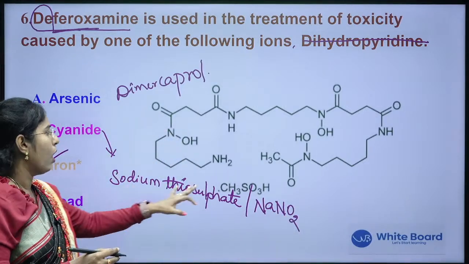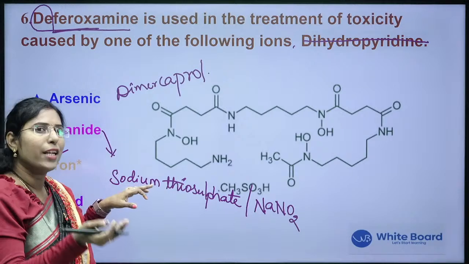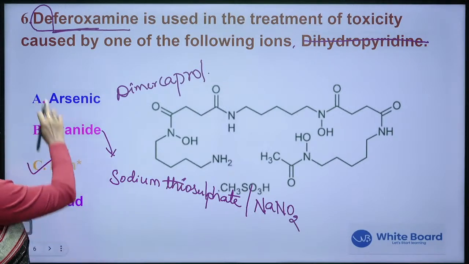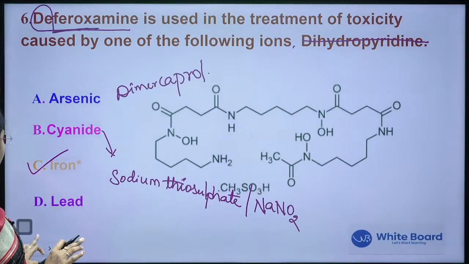These two are used as antidotes for treating cyanide poisoning. So option C, deferoxamine, is used as an antidote for iron poisoning.